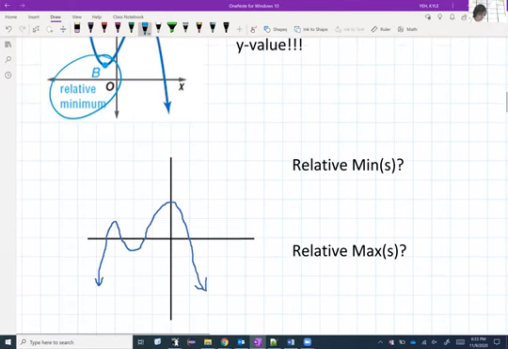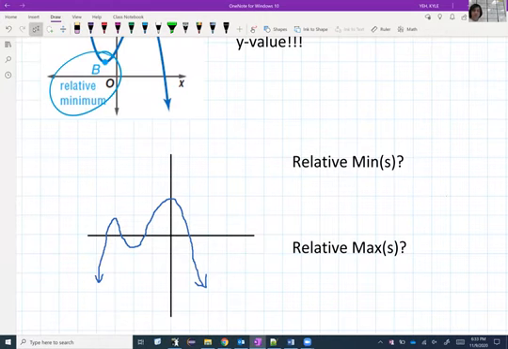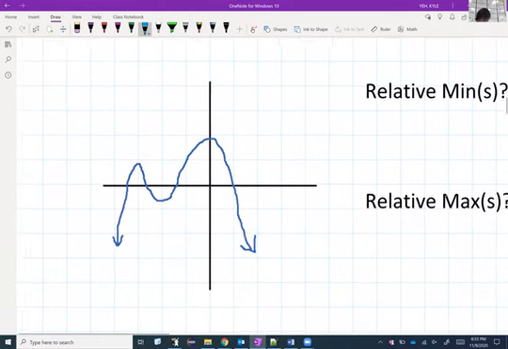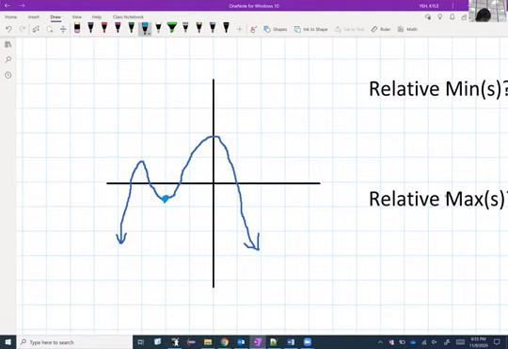So right here, I want to know, are there any relative mins? Are there any relative maxes on this graph? I'll start with the relative mins. Yes, there's definitely a bottom, a valley, if you will. And I'm going to say that this point is probably like -2, -1.7, maybe.